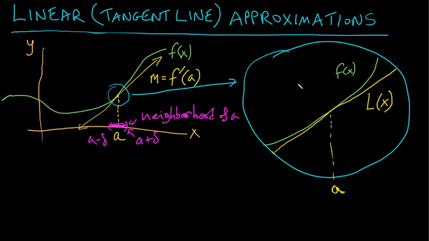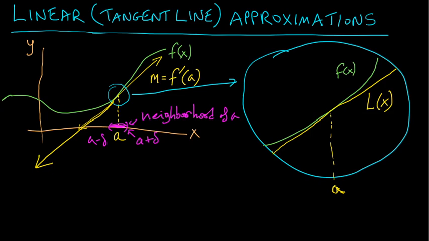Now, why do we have to be in a neighborhood of a? Why do we have to be in a local region around a? You can see on the graph here that if you go farther away from a, this tangent line, something like this, is a pretty poor approximation to the function.